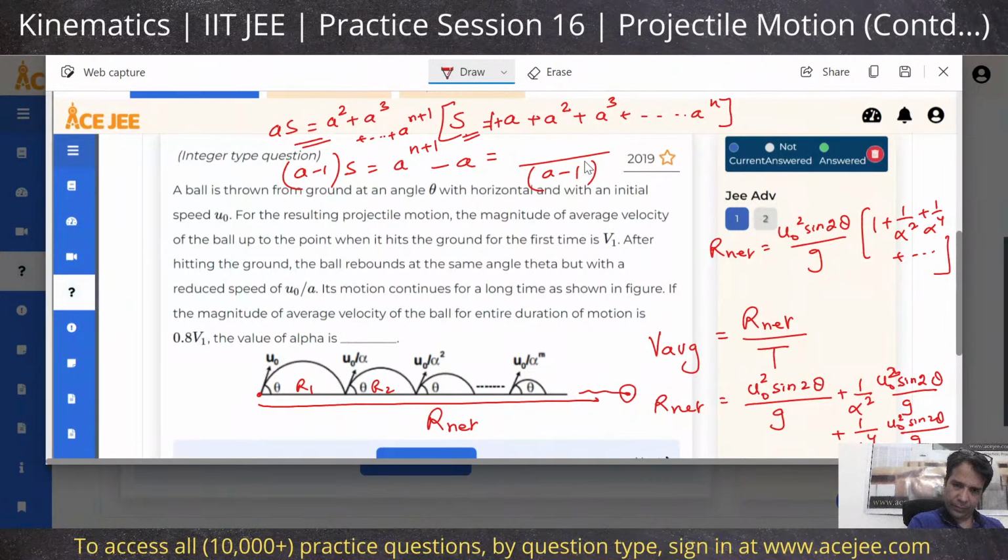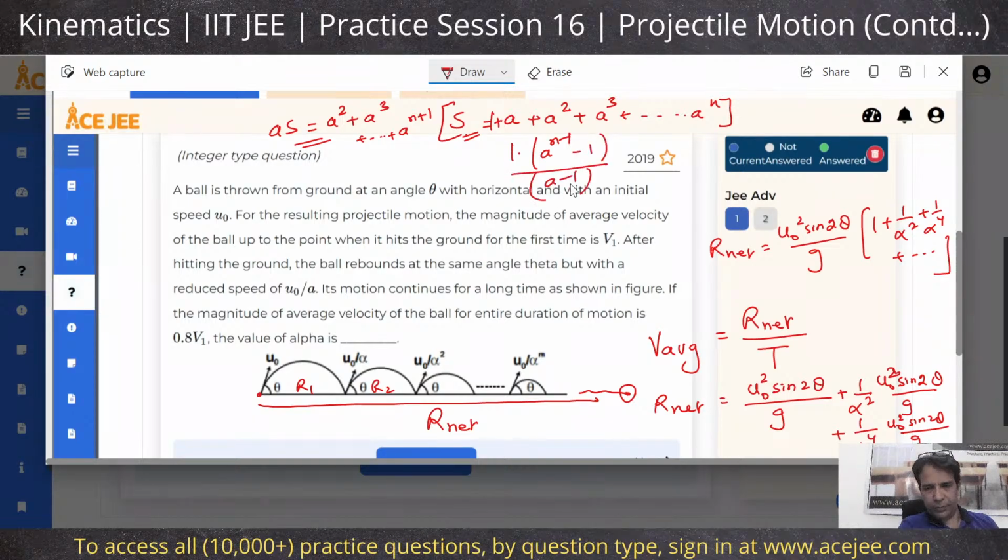Sorry, sir, if the first term is 1, then how does it change? So 1 into a to the power n minus 1 upon a minus 1. Yes. Is that right?